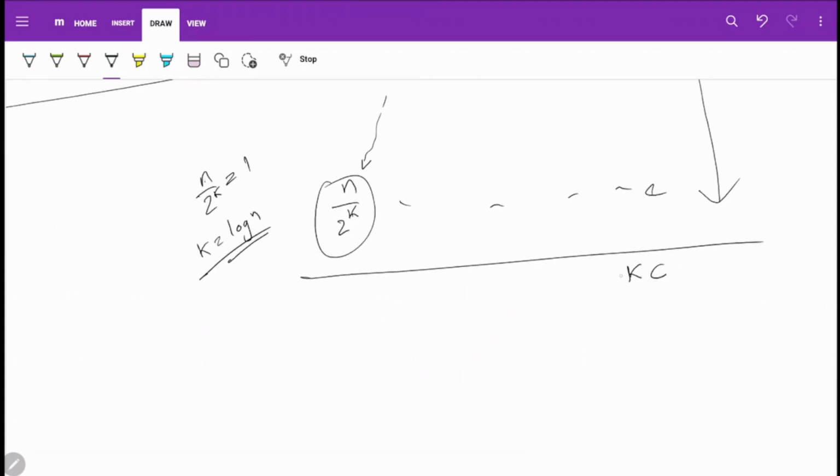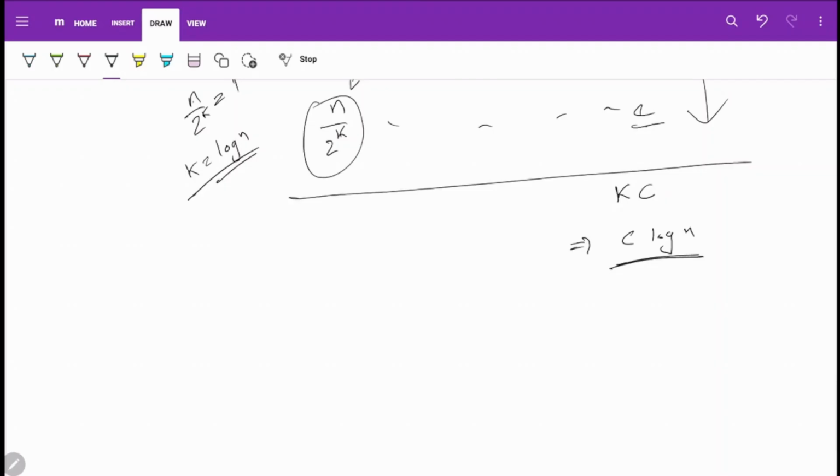What is k? k is the number of levels. I have C at each level, so for k levels it will be kC, so it will be C log n. So this will be the time complexity of this power of an element algorithm, which will be O of log n, and it will be for every case.